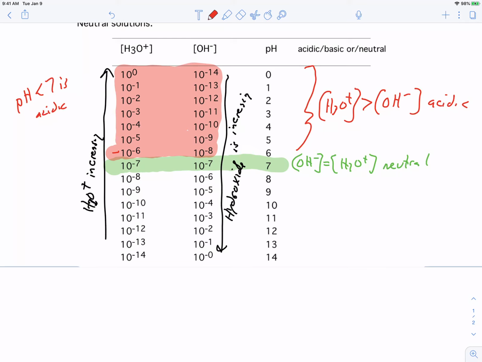What you need to know, though, is a pH of 5 is 10 times more acidic than a pH of 6. A pH of 4 is 100 times more acidic than 6. A pH of 3 is 1,000 times, and so it's a logarithmic scale.